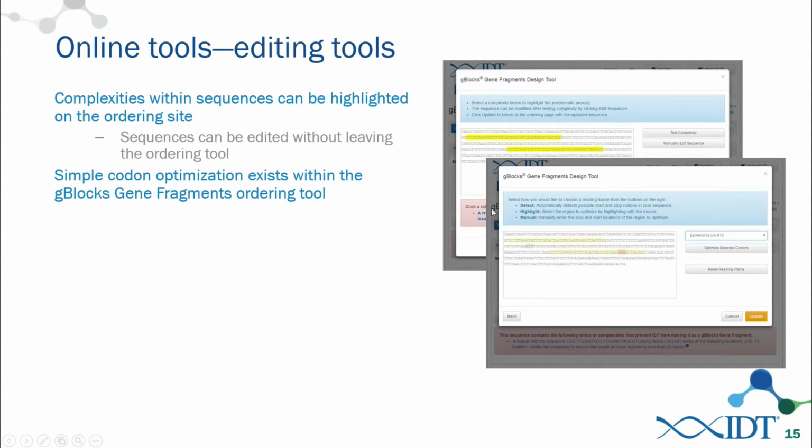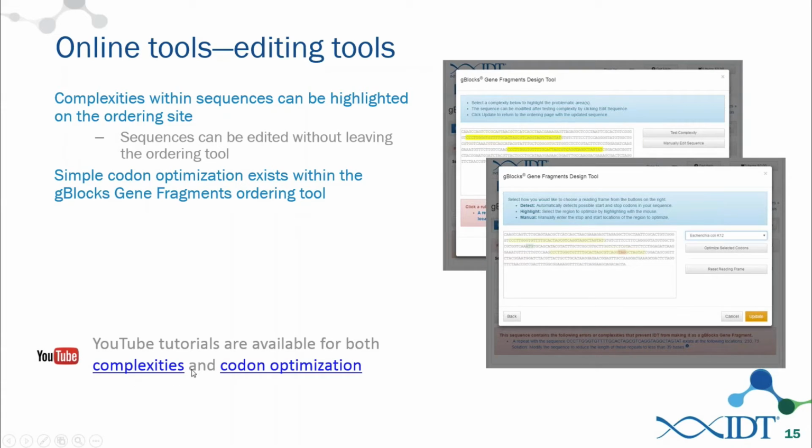So it's a nice, easy tool, and it's something that we hope allows customers to see what complexities are present in their sequences and rapidly find a way to modify those sequences to help eliminate some of those complexities. Of course, our tools that are online are not the only way that we can do this. You're always free to call us or email us at IDT, and we can help you. We have a large team of design personnel that can help with design questions and optimization tools.